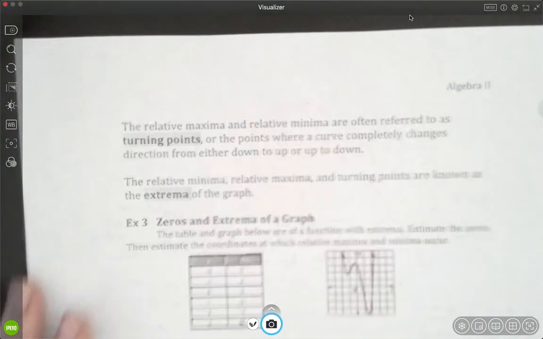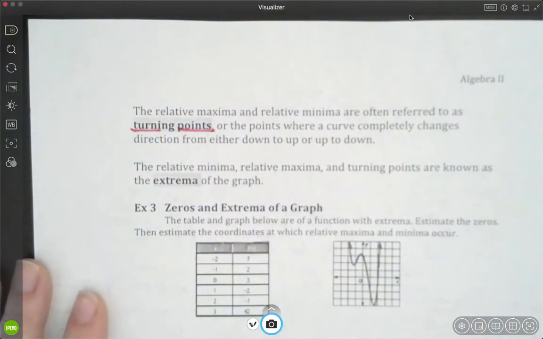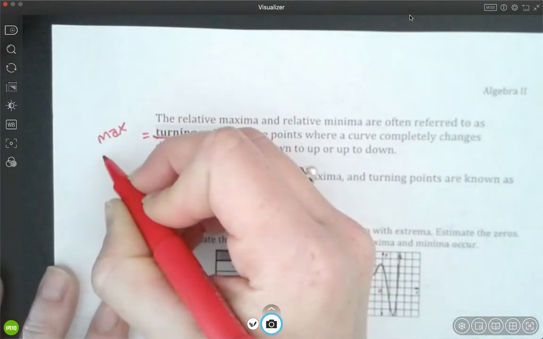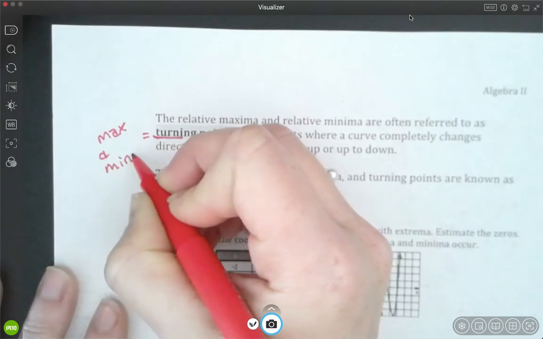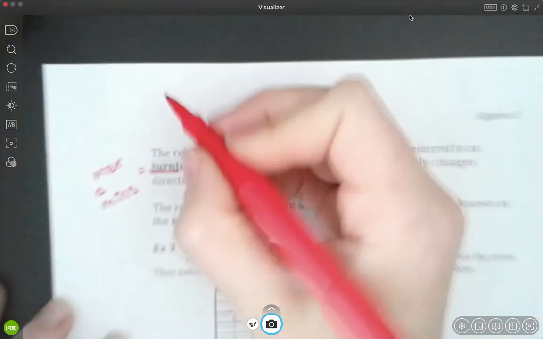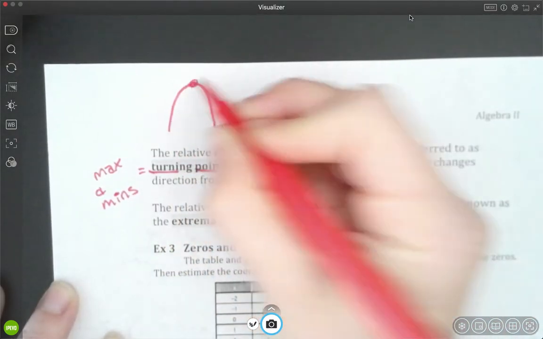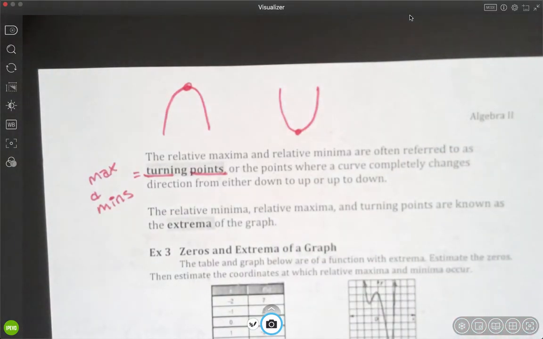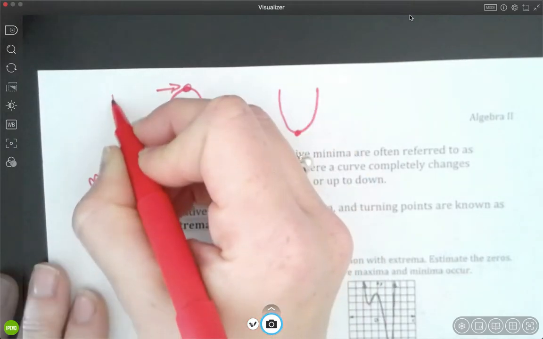Now, you also have something called a turning point. Turning points are just your maxes and mins. So this is a maximum. This is a minimum. Those are examples of maxes and mins. Why do you think they call this a turning point?